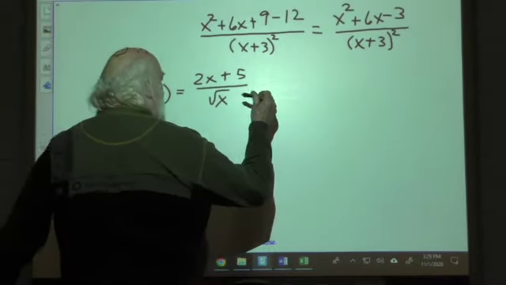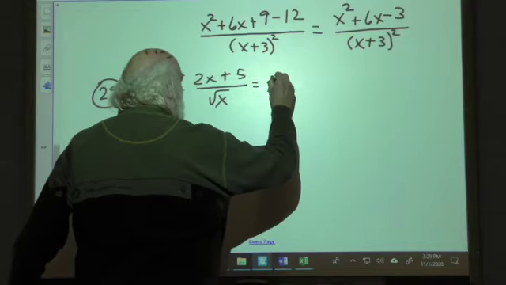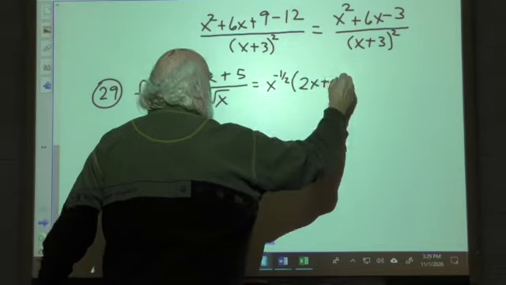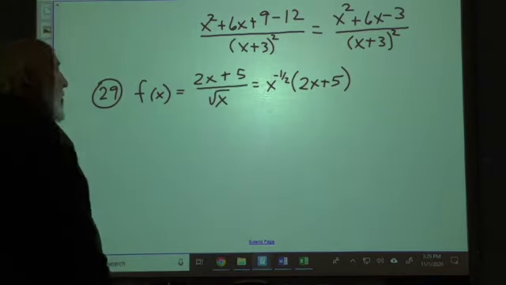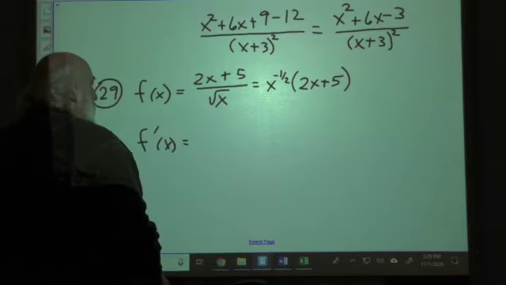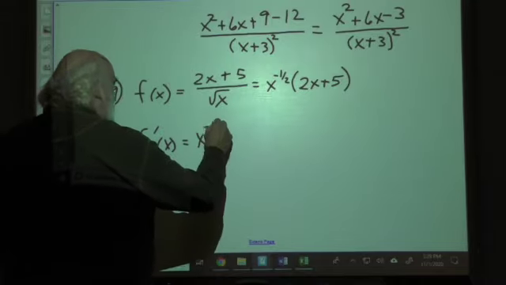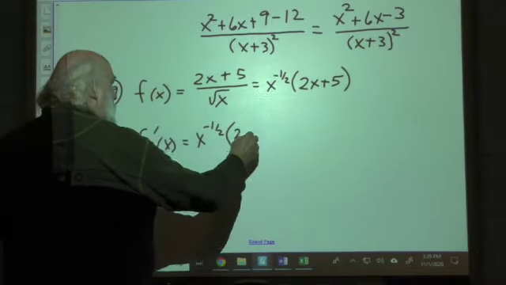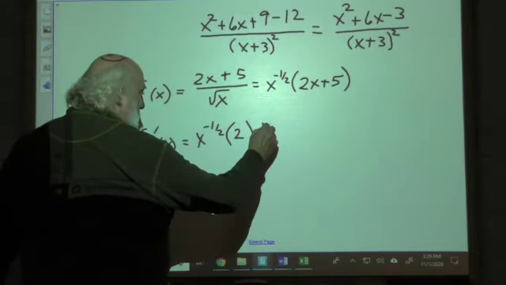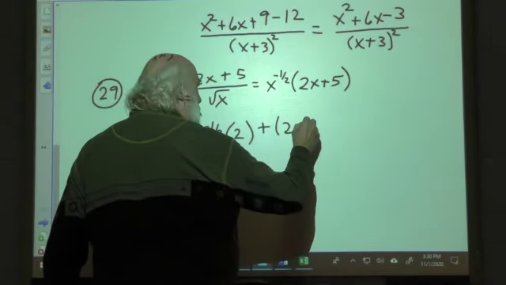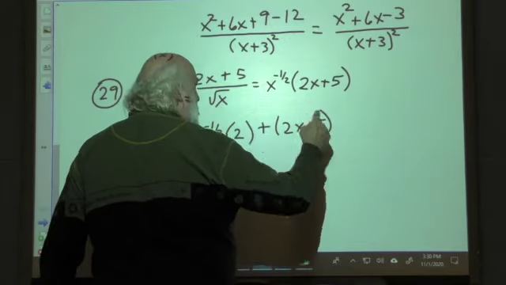But I'm going to rewrite this as x to the negative 1/2 power times all of this, which is 2x plus 5. Okay? So now we can go ahead and take the derivative of that. And so we take x to the negative 1/2 times the derivative of 2x, which is 2, plus 5, which drops out, plus, because we're multiplying instead of dividing, 2x plus 5 times the derivative of that.